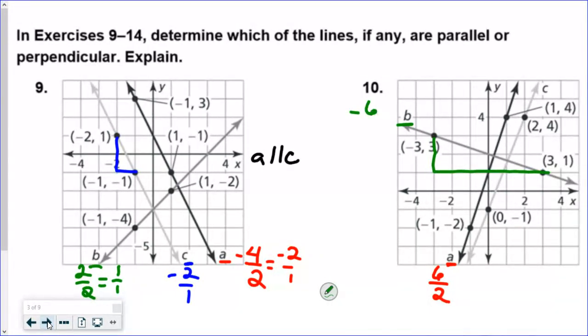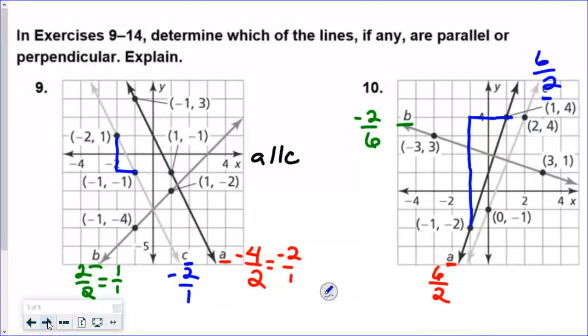So negative, oh, nope, 2 over negative 6, or negative 2 over 6, because it was down 2 over 6. And line C, I'm going to go 1, 2, 3, 4, 5, 6, 1, 2. So line C is a positive 6 over 2.